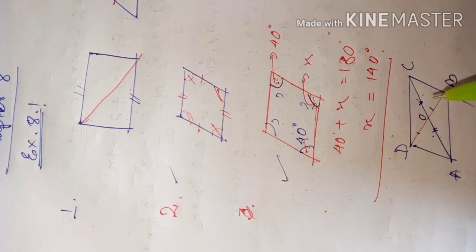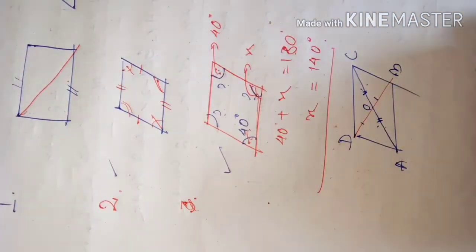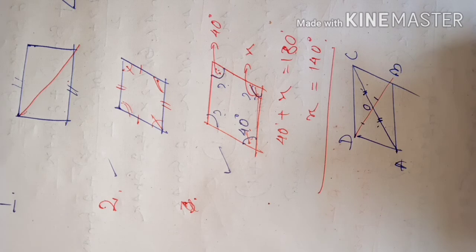Dear students, the questions will be based on all the theorems that you have gone through. All the statements of the theorems you must learn by heart. You should understand the theorems, and it should be at the tip of your tongue.